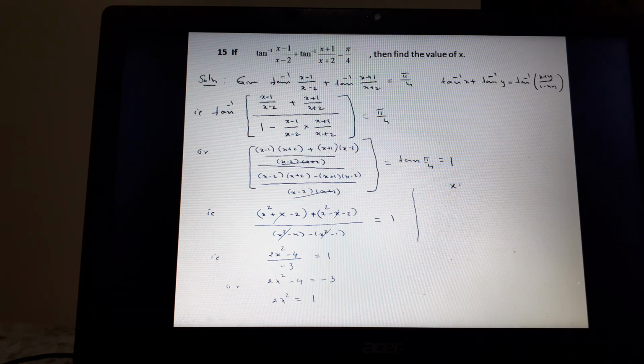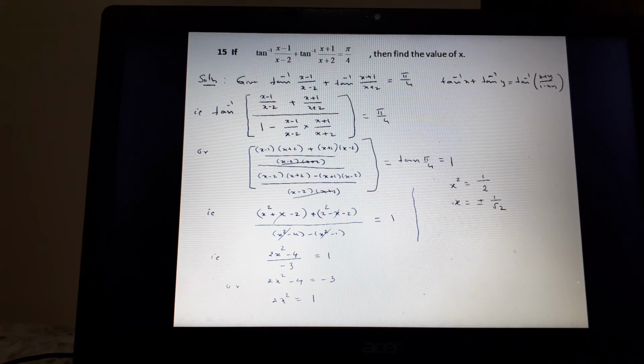So I will continue here. So x square will be equal to 1 by 2. So x will be equal to plus or minus 1 by root 2. Now the question is whether we should take plus 1 by root 2 or minus 1 by root 2. We can check both are possible, because here if you take plus, it is x minus 1, 1 by root 2 minus 1, 1 by root 2 minus 2.